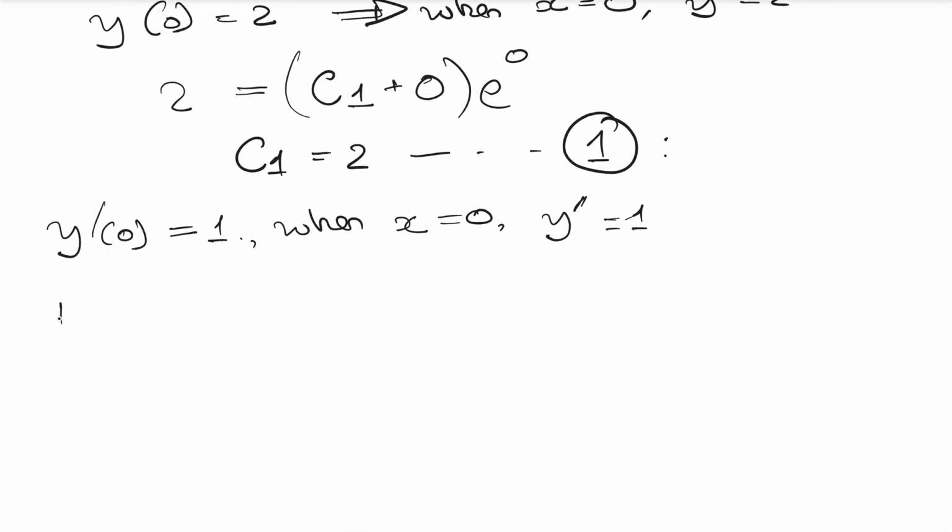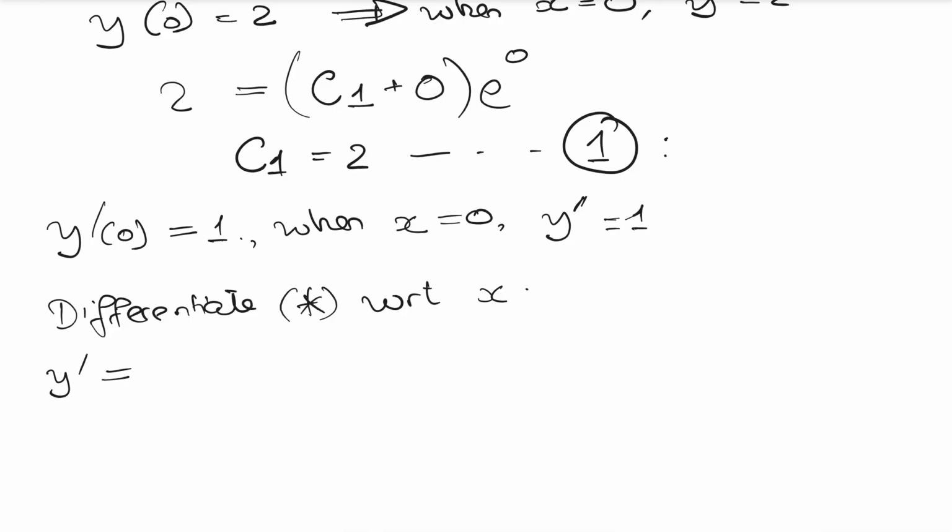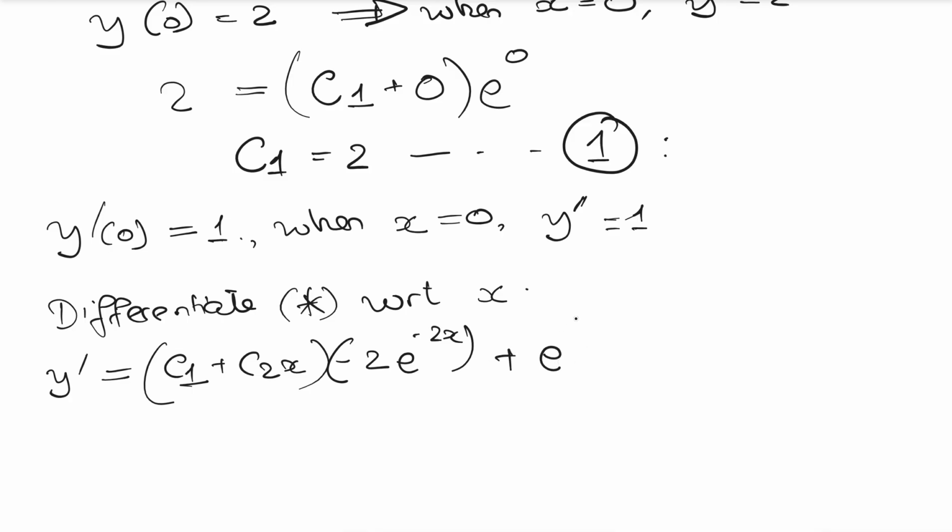So we differentiate the star equation with respect to x. So y prime is equal to (c1 plus c2 x) times minus 2 e power minus 2x plus e power minus 2x times c2.